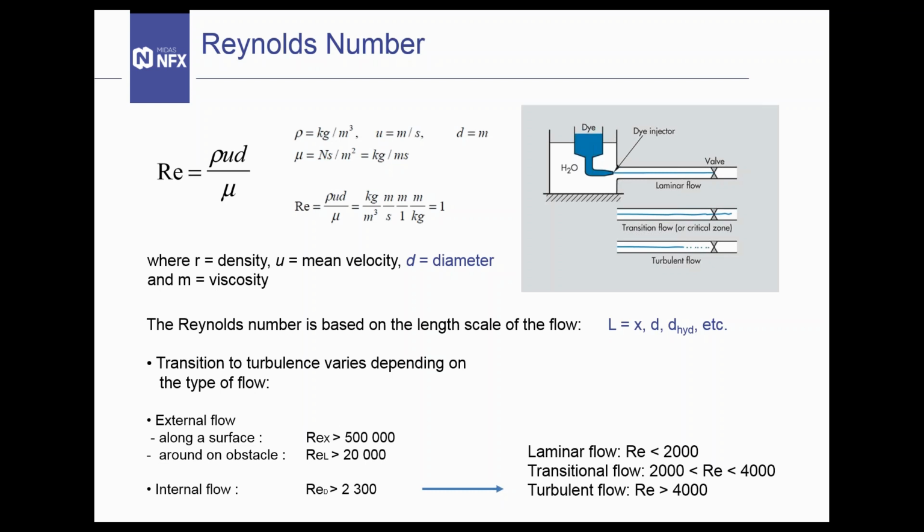So if you take a look on this calculation, of course it's easy to prove that this parameter is dimensionless. So depending on the value, we can judge if the flow is laminar or turbulent.